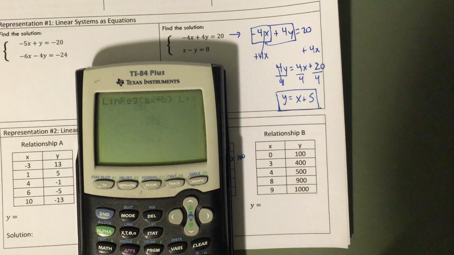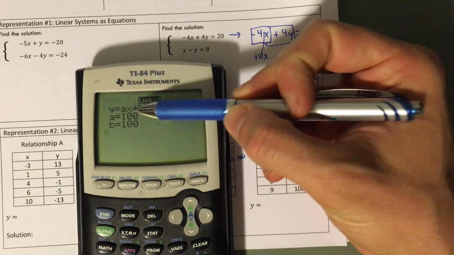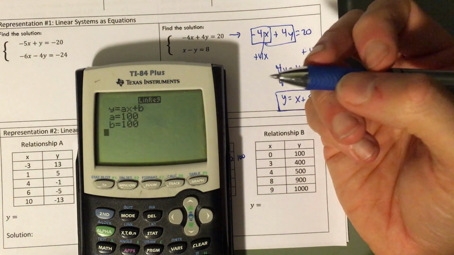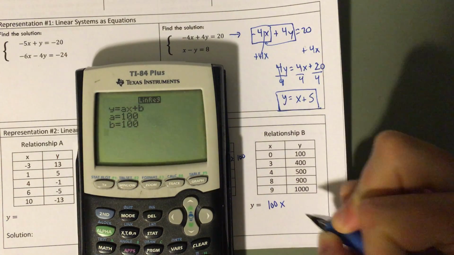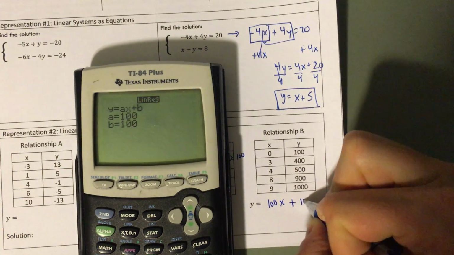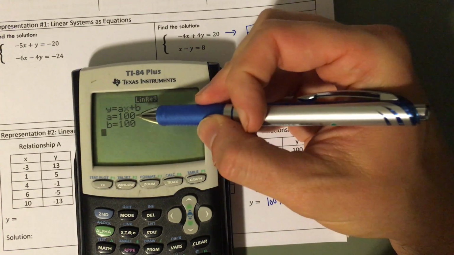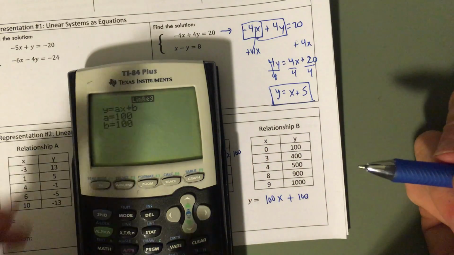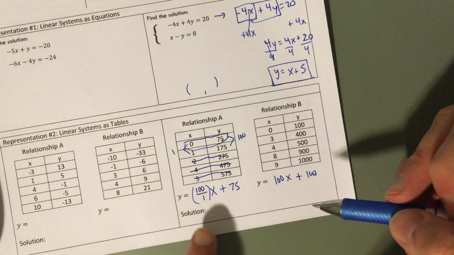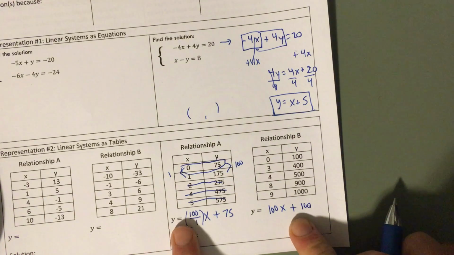If I hit calculate, you'll notice it's telling us ax plus b, but that a is really just the m. So y equals 100x plus 100, right? So that's my a, and then that's my b. So if we were trying to find the solution, is there anything you notice about these two equations?